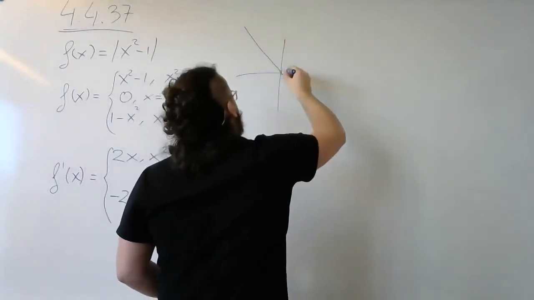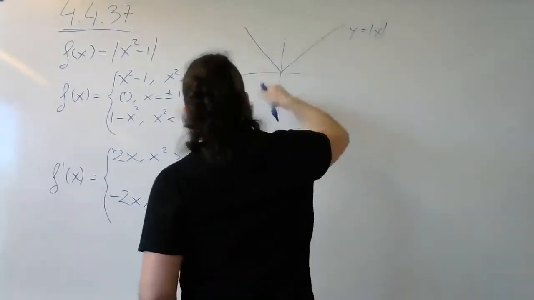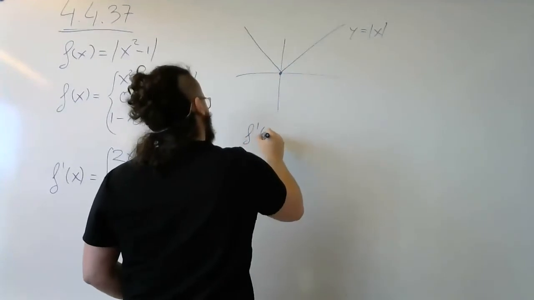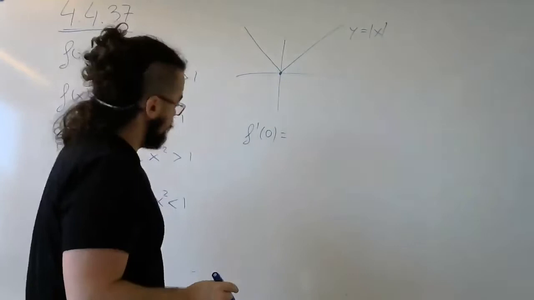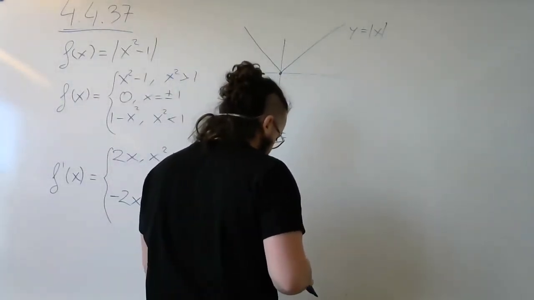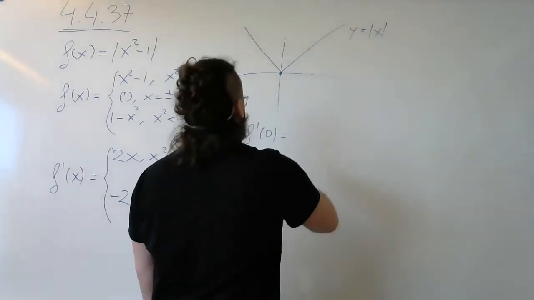Imagine we have here the function y equals absolute value of x. We try to find the derivative of this function in 0. And I'm going to do a trick here.